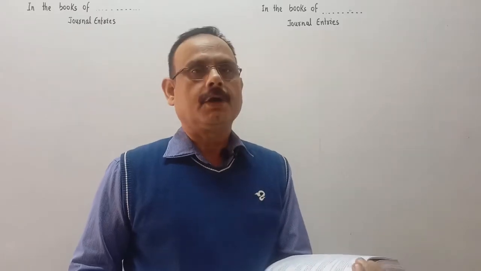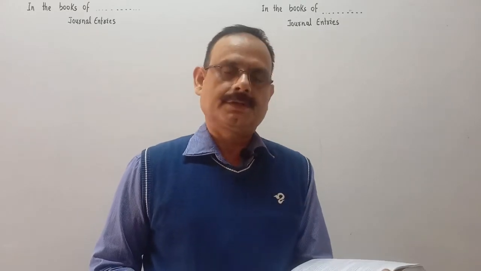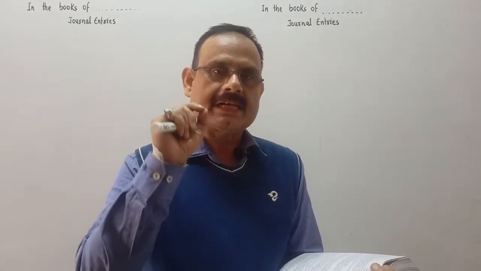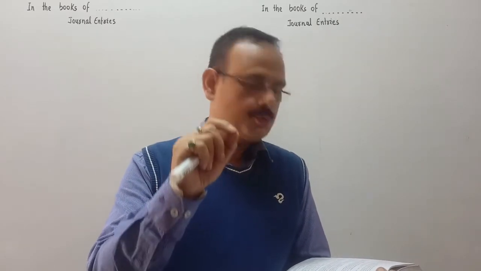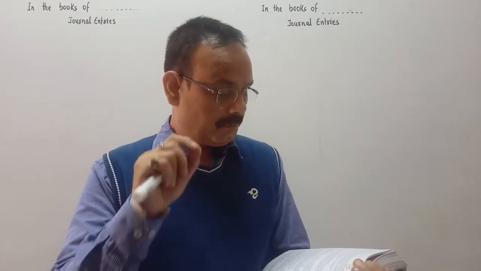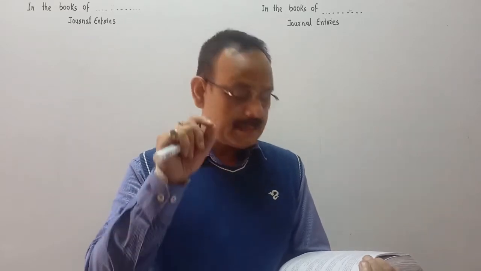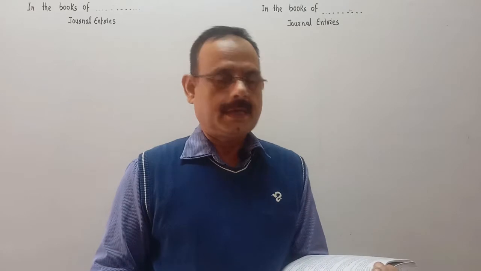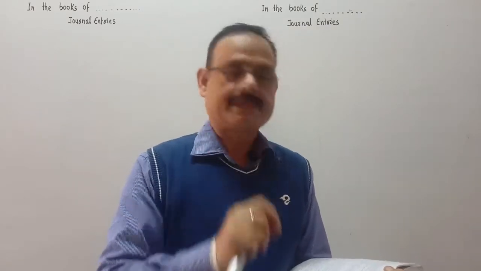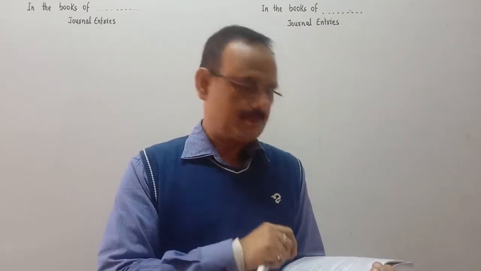So the question is, on January 1st, 2017, Ajay sold goods to Balbir for rupees 10,000 at a discount of 20%. This 20% is a trade discount.